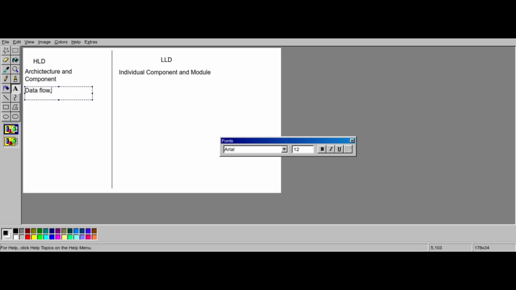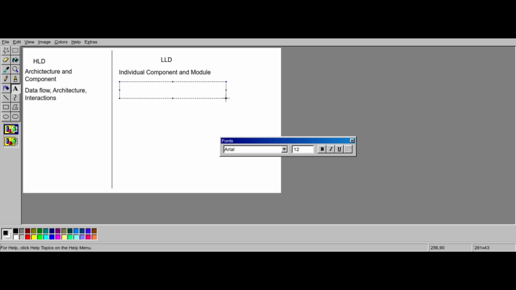In this phase we will discuss the flow, architecture, and interaction, meaning modular design.